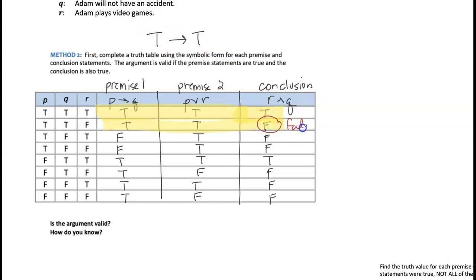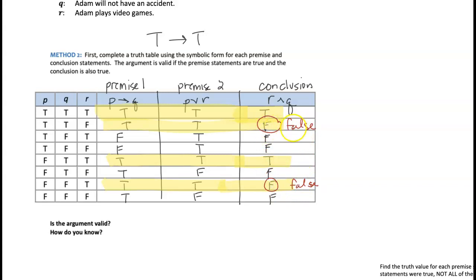So this one is making our argument invalid. Let's keep going. Here we have our premise statements true and also our conclusion true. And also in case 7, we have our premise statements true, but notice that our conclusion is false. And that's another one that makes our argument fail to be valid.